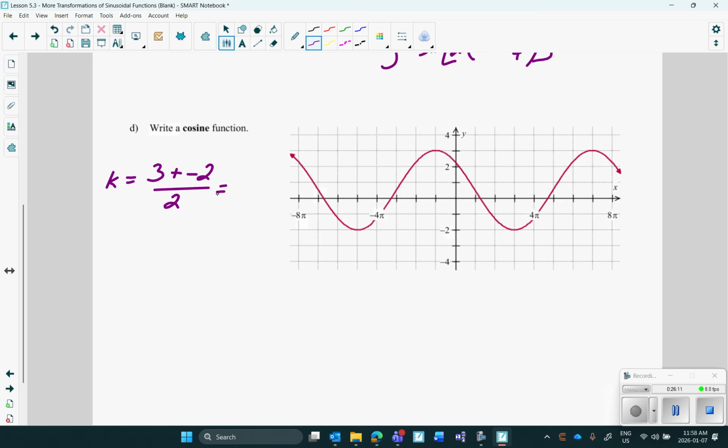That gives me 1/2. Or, and I actually find it easier to use decimals. I know we do a lot with fractions, we keep a lot in fraction form, but when we're doing these things, actually I find decimals a little bit easier to work with.